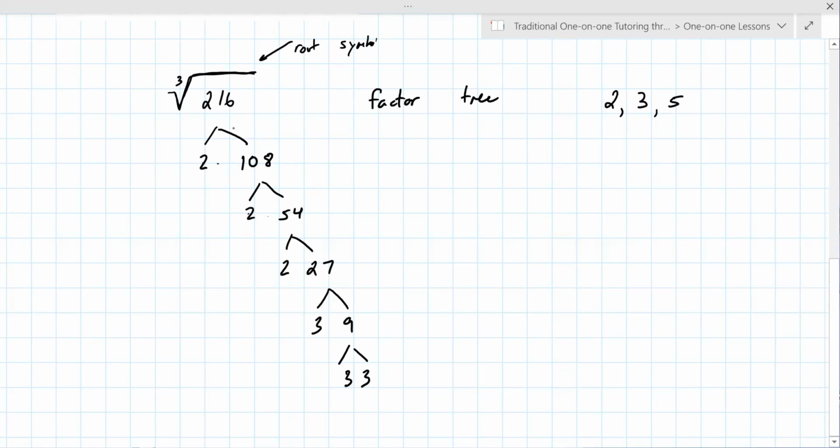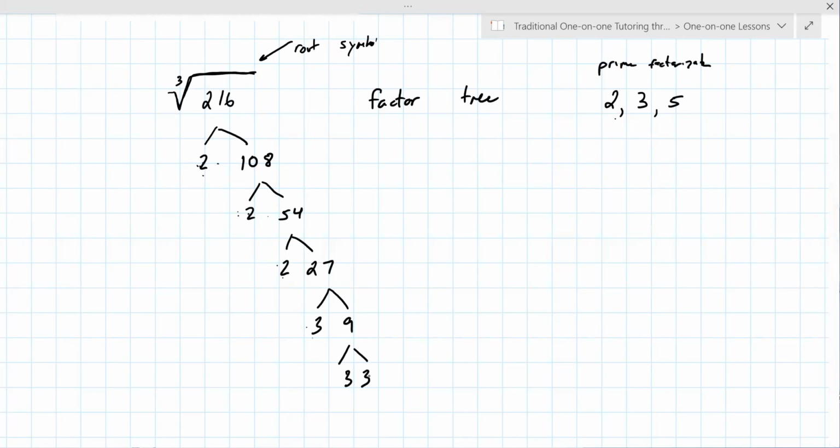And you start with prime numbers. It's called a prime factorization. If you believe that this is a tree, these are the leaves out here at the edge of the branches. The leaves should all be prime numbers when you're done.